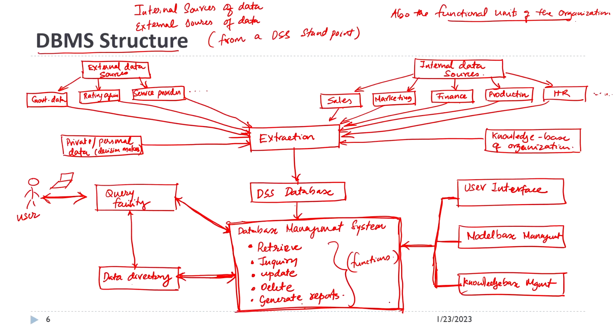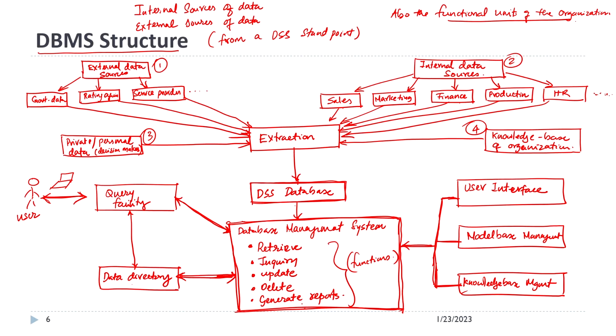It basically becomes the backbone of the system. You can create the DSS database through the process of extraction from internal sources, external sources, private and personal data, and the knowledge base. These four options we extract from every place to create the DSS database.